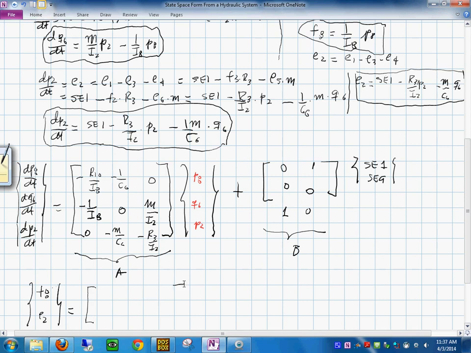This would be the C matrix multiplied by the state vector, which would be P sub 8, Q sub 6, and P sub 2. Okay. And then plus the D matrix times the vector of the inputs SE1, SE9.